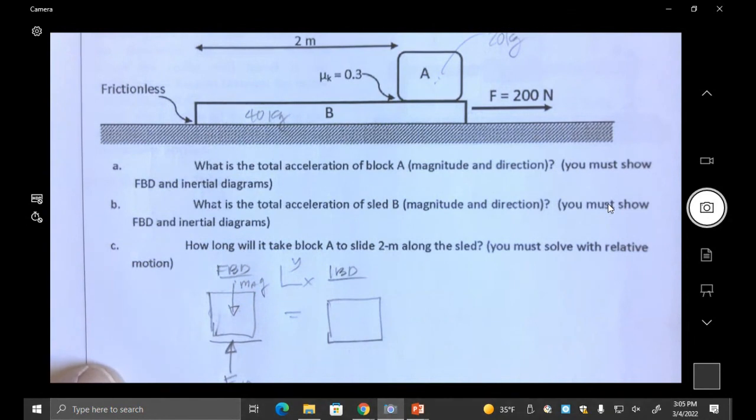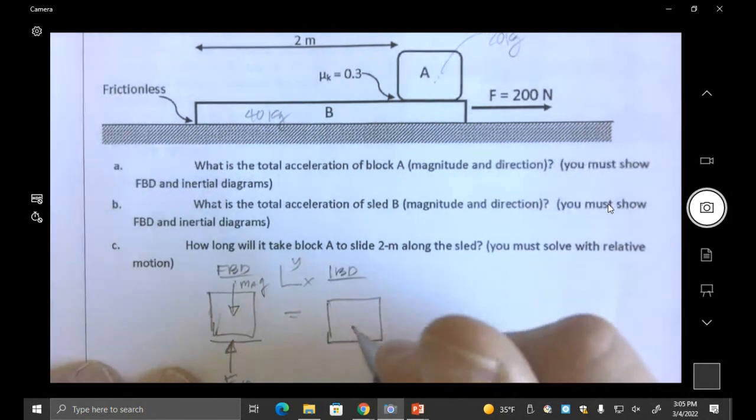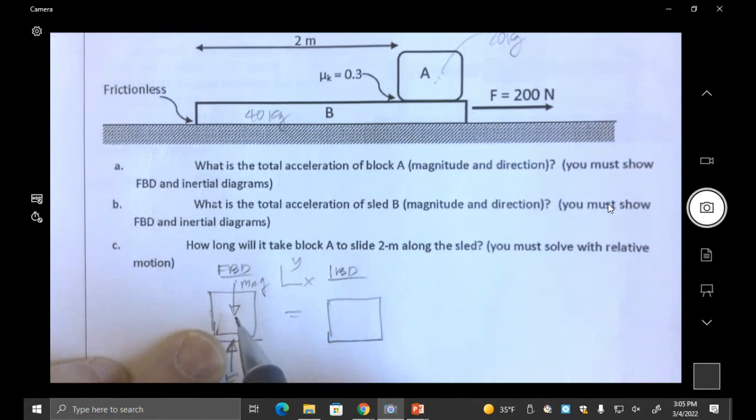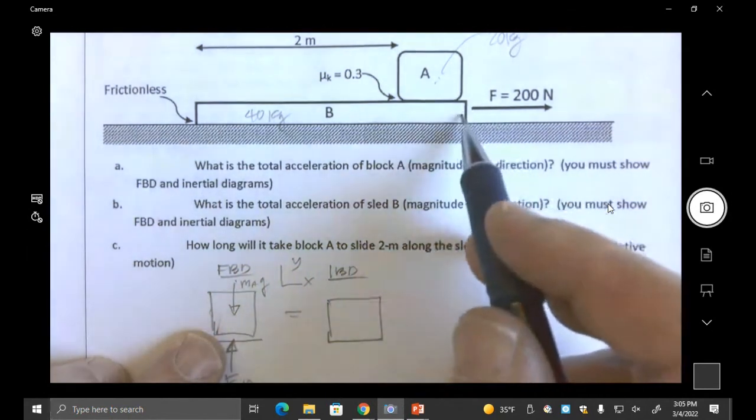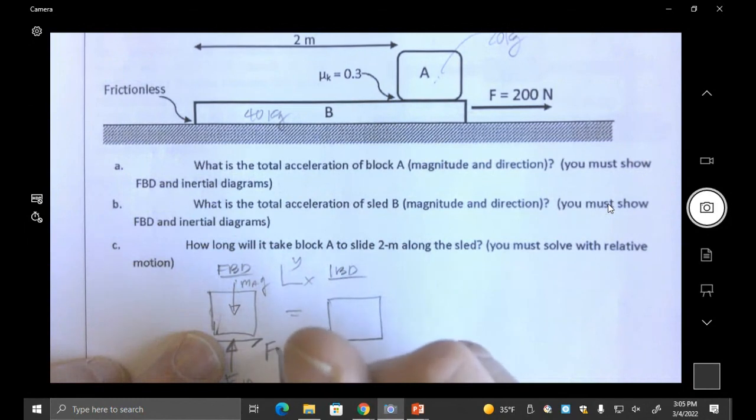Well, let's see. First off, I don't want to commit to this just yet, and I don't know about the acceleration here. I think this thing wants to stay in place, but by moving this, it's going to have this friction force right here.